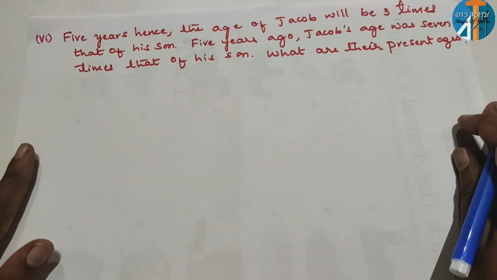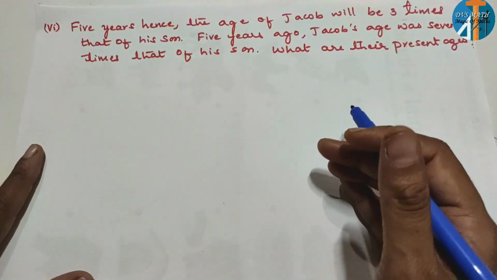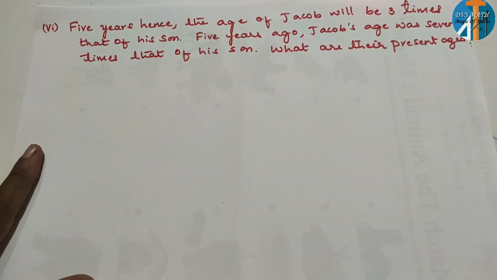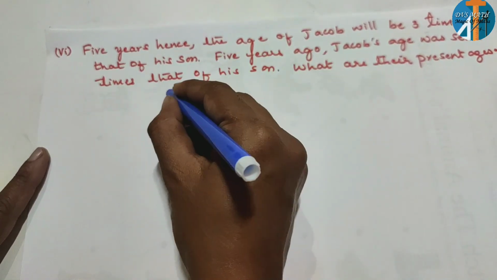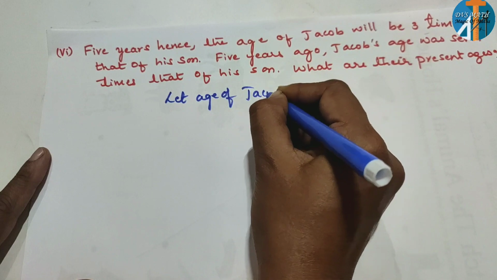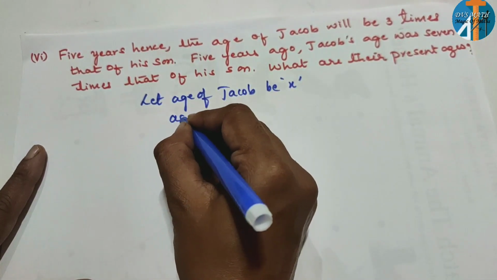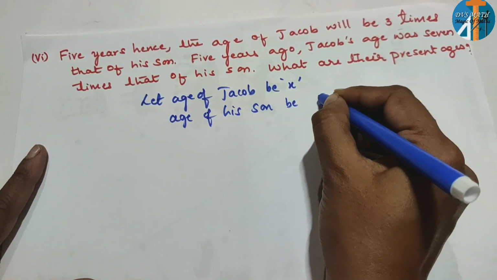So here you have to remember: 5 years hence means 5 years from now. Here you have to remember some keywords. Let us write first: let the age of Jacob, the father, be x, and the age of his son be y.